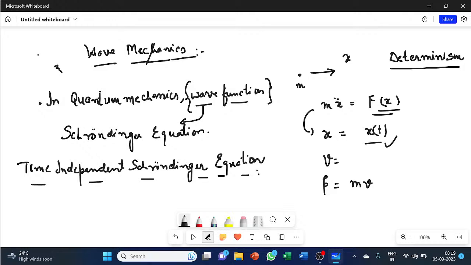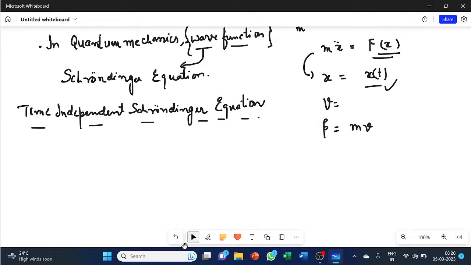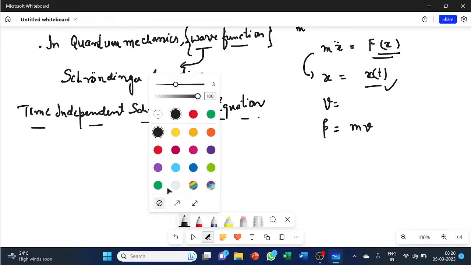Actually, there is a problem with the pen. Okay, so how is it given? Actually, this is how it is. Okay, so it is given by this.